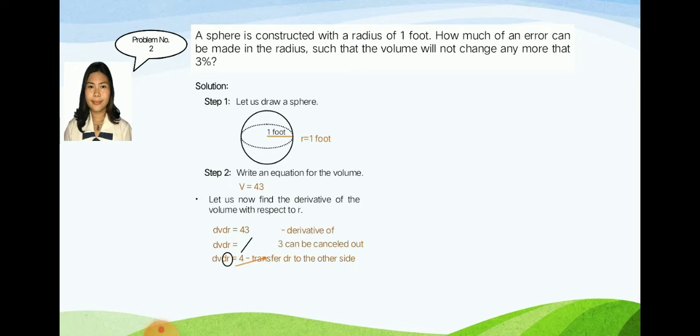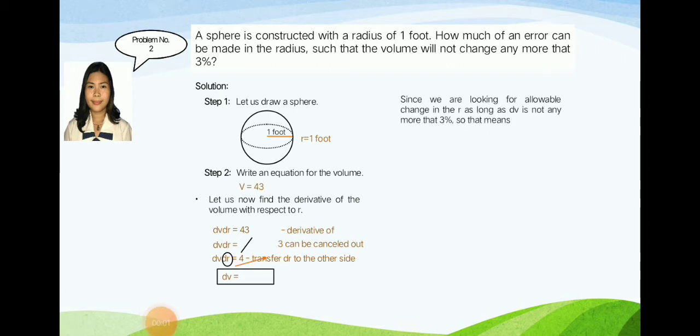So we are going to transfer dr to the other side. Now separating the differential, dV is a differential, dr is a differential. So we have dV is equal to 4 pi r squared dr, where dr stands for a small change in r and dV stands for a small change in the volume.